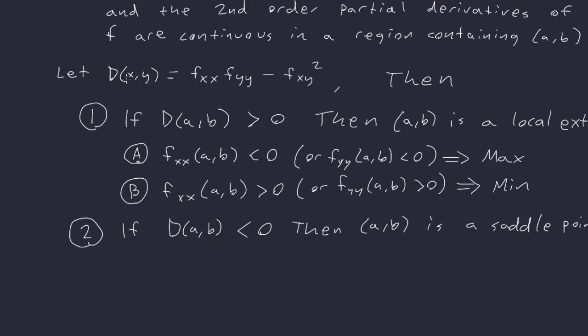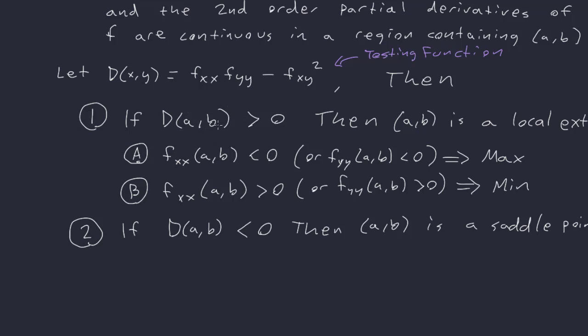We're going to create this new function, call it capital D, D(x, y), which is f sub xx times f sub yy minus f sub xy, all squared. I'll talk about this in a minute, but you can think of it as a testing function. It basically tells you whether or not everything is behaving the same in all directions.